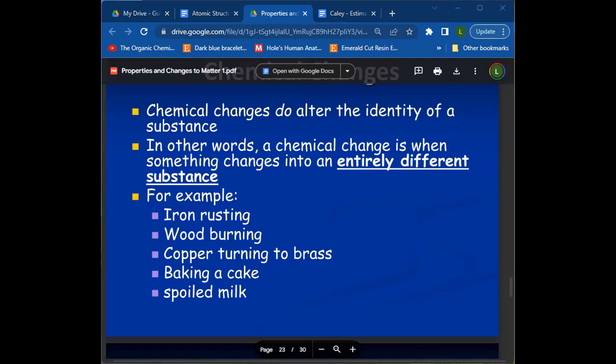Those are all examples of chemical changes because something chemically new is being created.